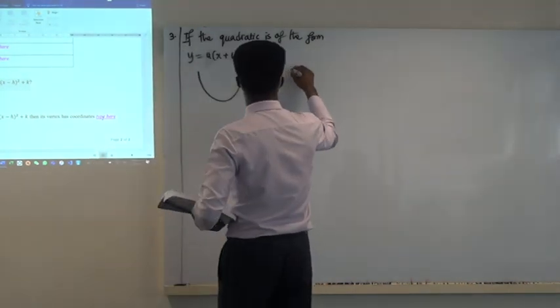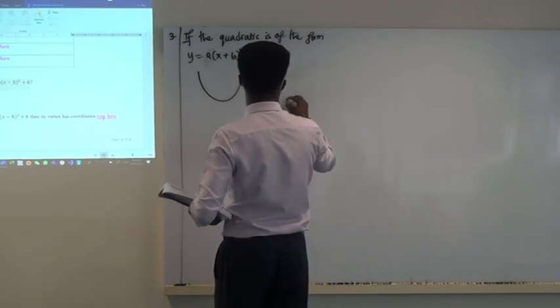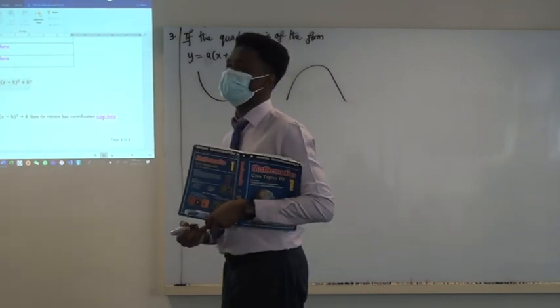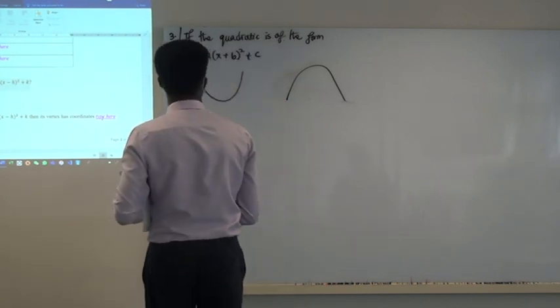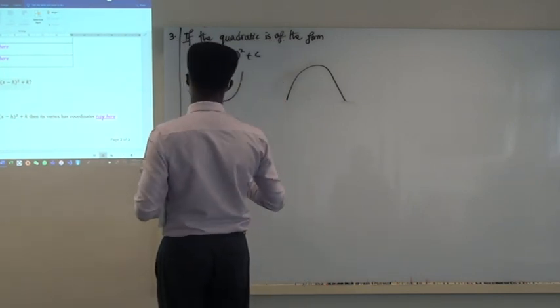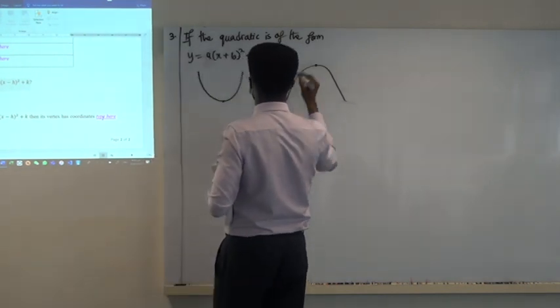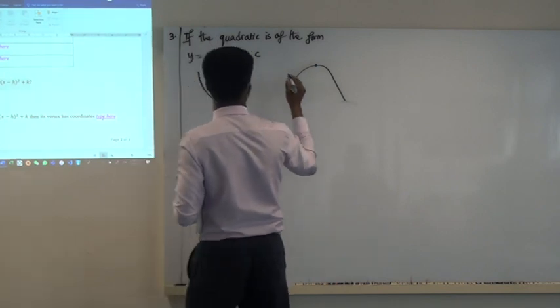In this case, we are not focusing so much on the intercept. Our focus is on the vertex and the axis of symmetry. Okay? So, you must have noticed that your vertex will have b comma c.